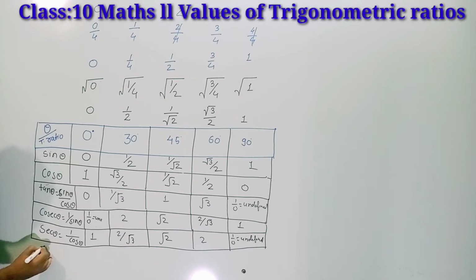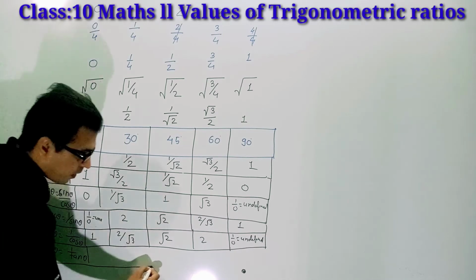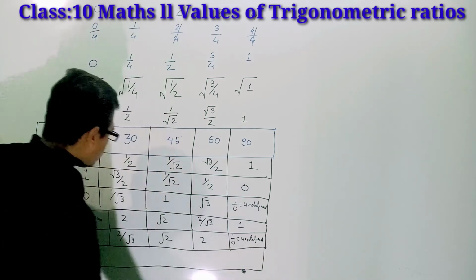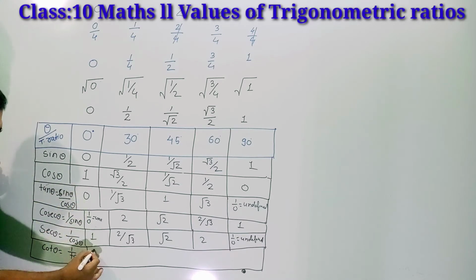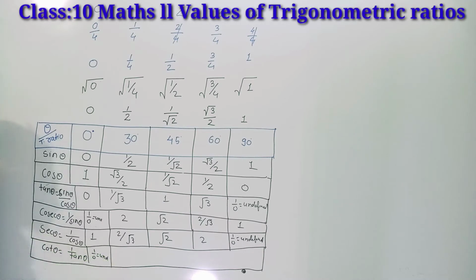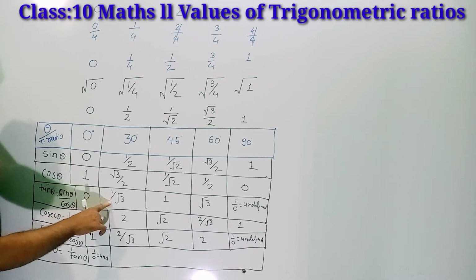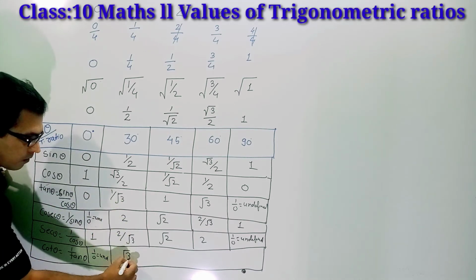And after sec, we can get the value of cot theta. Cot theta is the reciprocal of tan theta. Right? So you can prepare the table over here. The reciprocal of 0, 1 upon 0, will be an undefined term. The reciprocal of 1 upon root 3 will be root 3.